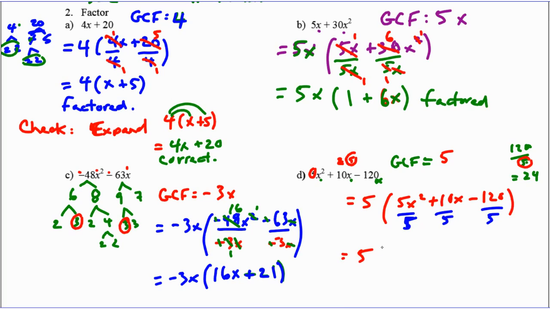Nothing changes on the outside. 5 goes into 5, but there was no x to cancel, so we're left with 1x squared. 5 goes into 10 2 times, so we're left with plus 2x. And 5 goes into 120 24 times because we did the math up here. And there we go: 5 times x squared plus 2x minus 24.